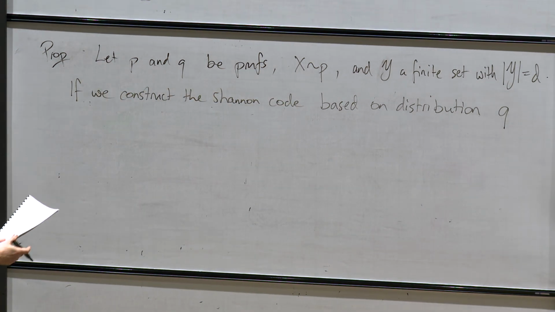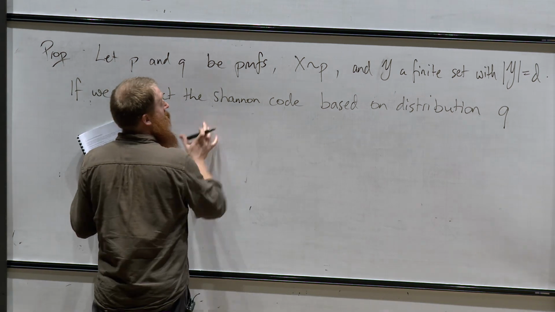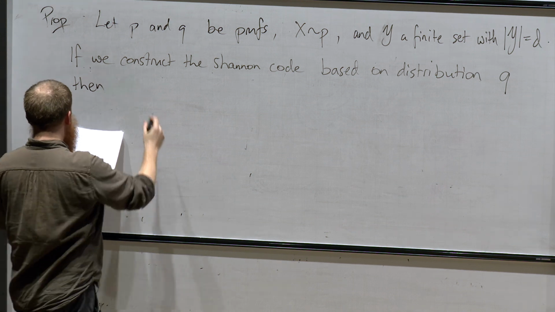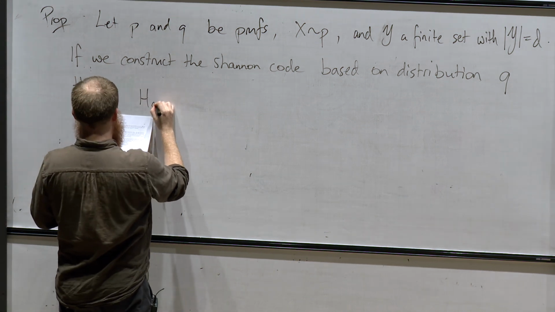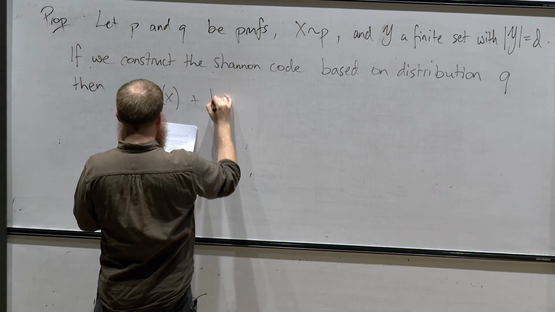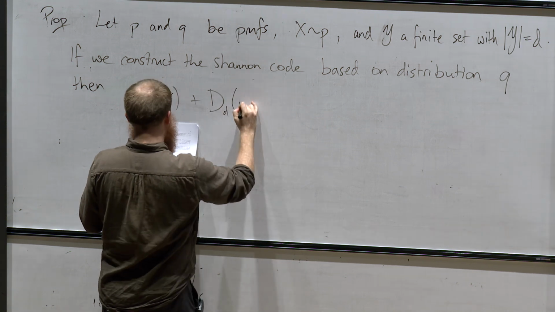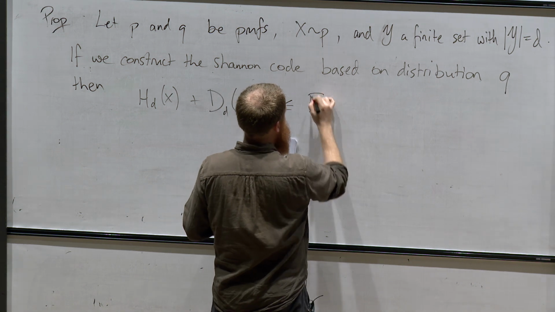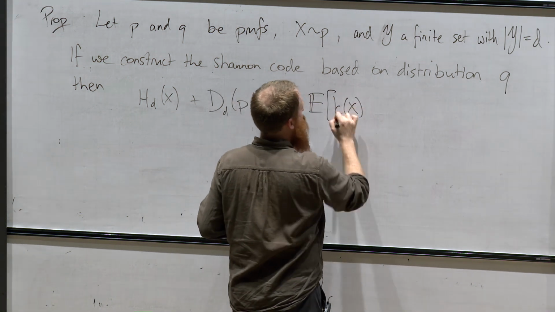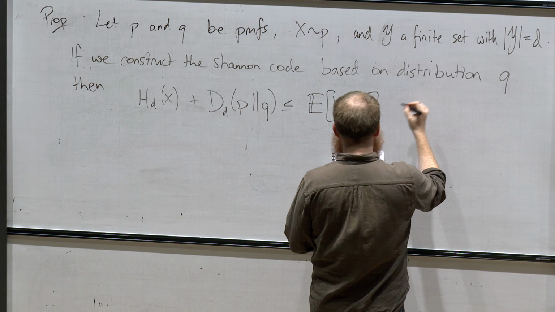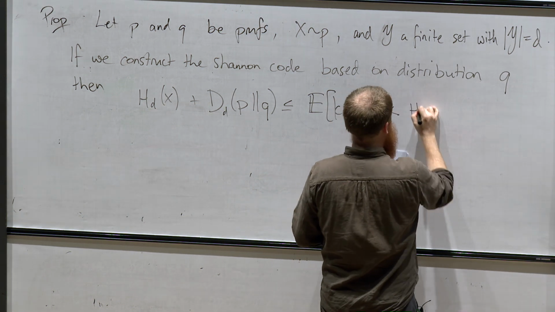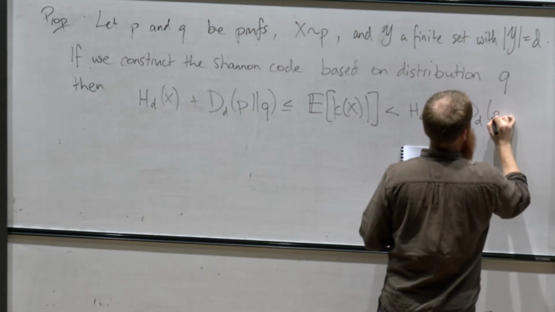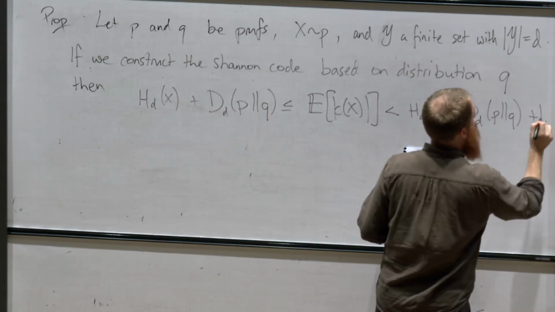How good is this going to be? Well, if I do this, then I get that H_D(X) plus the divergence to base D of P against Q is less than or equal to the expected code word length, which is less than H_D(X) plus the divergence to base D of P and Q plus 1.